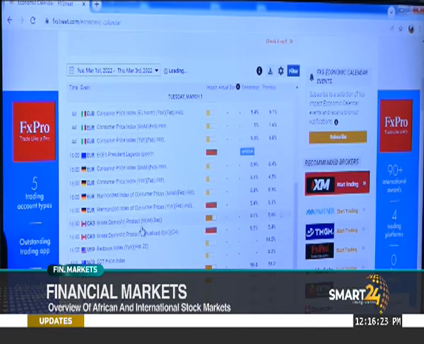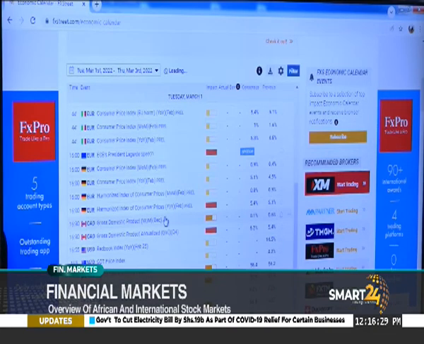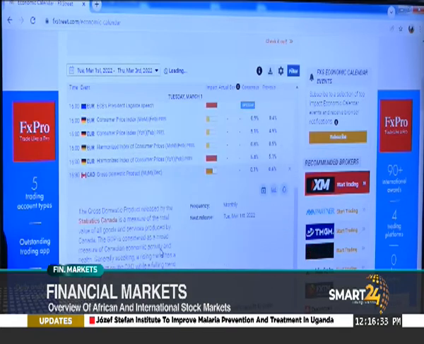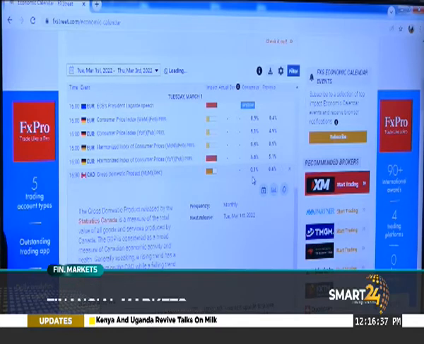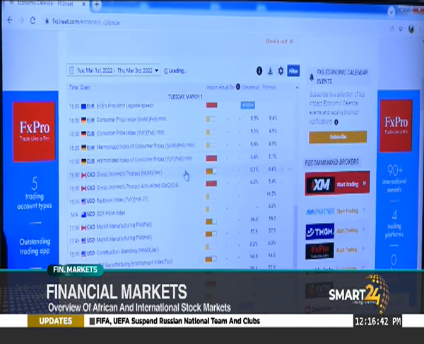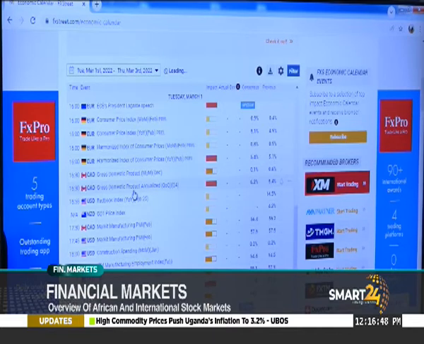Then at 4:30, affecting the Canadian dollar, there is a GDP, the gross domestic product, month over month. We're looking at a reduction from 0.6% to 0.1%. So this one here is bad for the Canadian dollar, medium impact event. But then the gross domestic product annualized, this one is good.